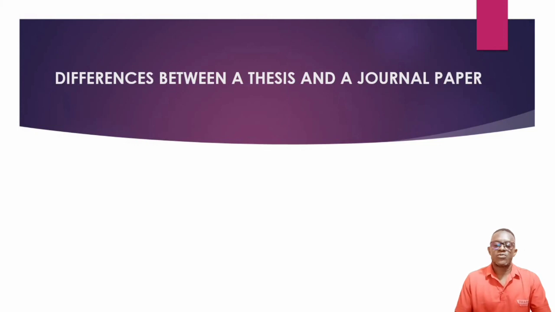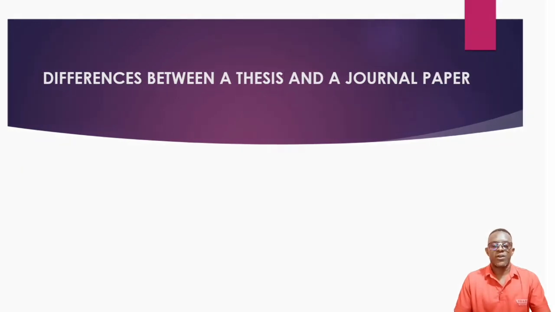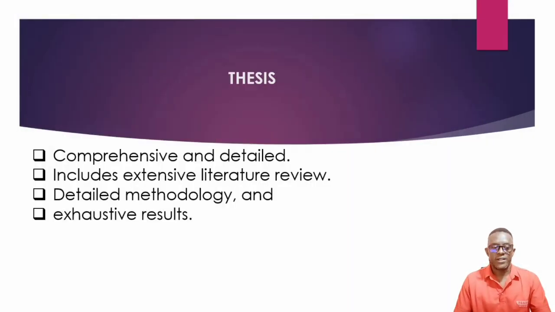Now, for the difference between a thesis and a journal paper, I would like to first talk about a thesis. So a thesis is very comprehensive and very detailed, and also it includes a very extensive literature review. As you know, the whole of your chapter 2, which is probably the largest chapter you will have in your thesis, is purely literature review.